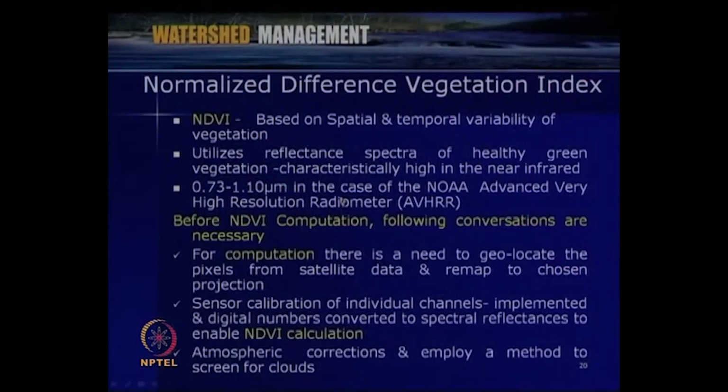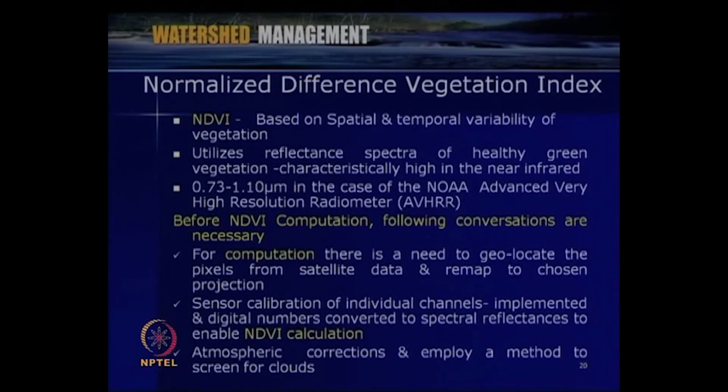As we discussed, remote sensing is nowadays one of the commonly used tools to identify the land use and land cover pattern for a given watershed or area. Through remote sensing we can get the vegetation index for the given area, and then derive a parameter called NDVI, or normalized difference vegetation index.